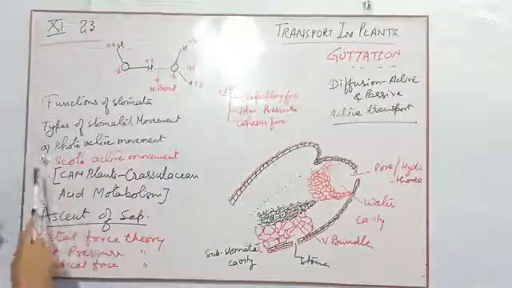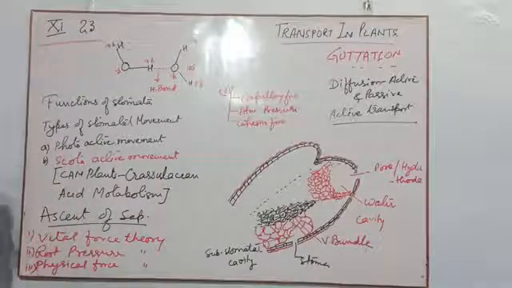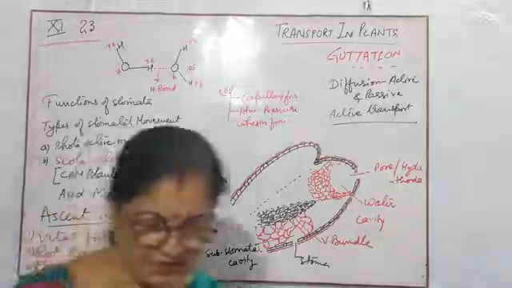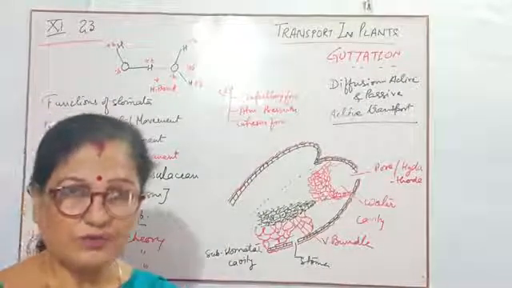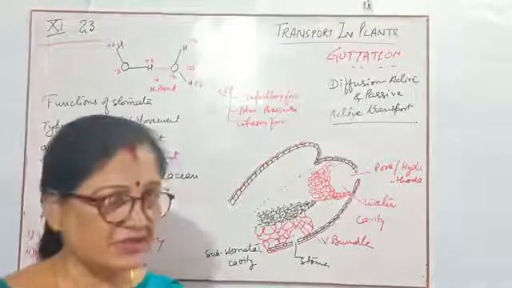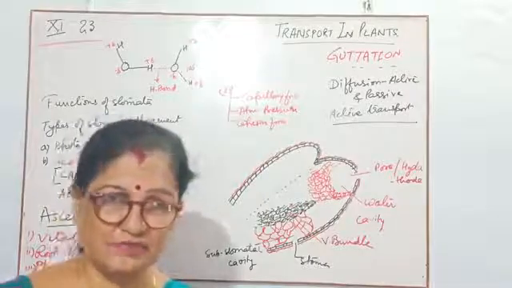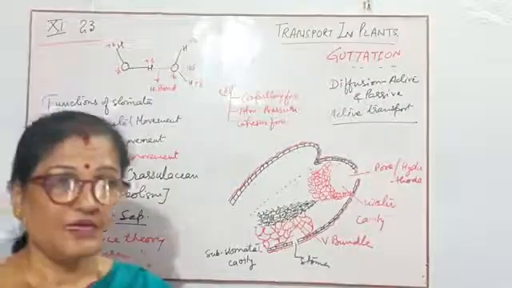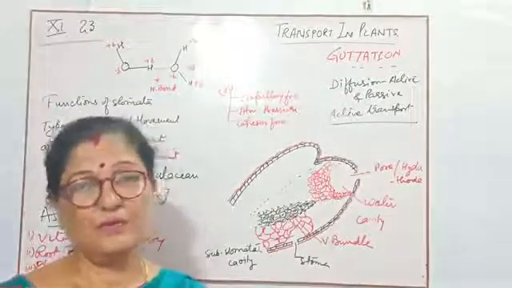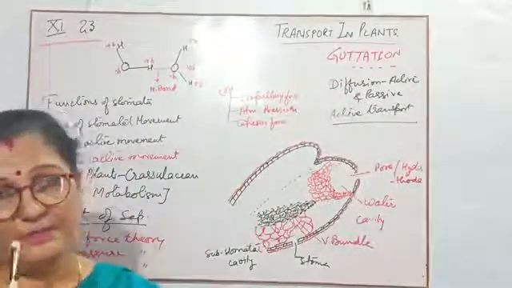Now children, types of stomatal movement. Stomatal movement means how the stomata move, that is the potassium ion concentration theory and the sugar concentration theory, that means how they open and how they close. Stomatal movement means when they are open and when they are closed.